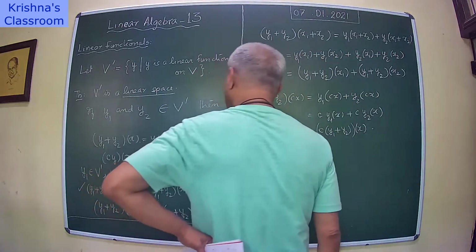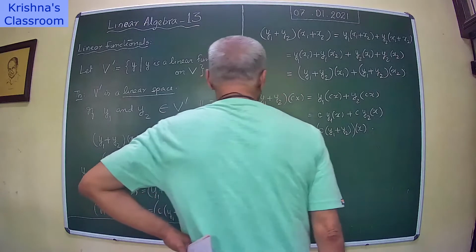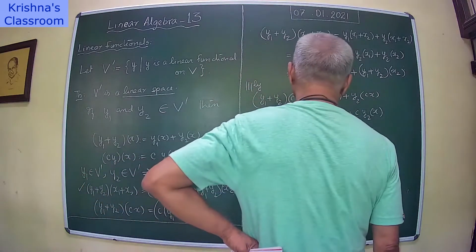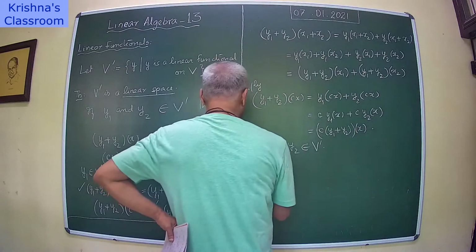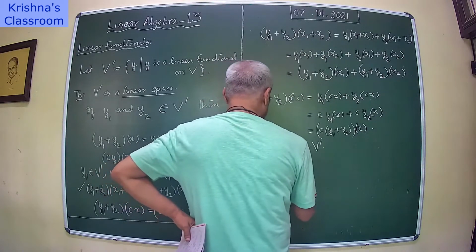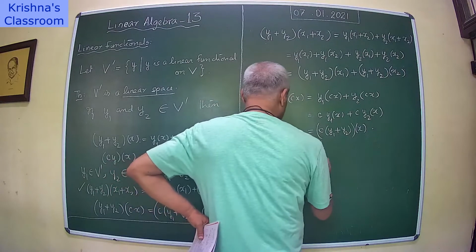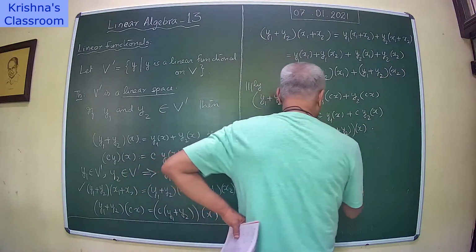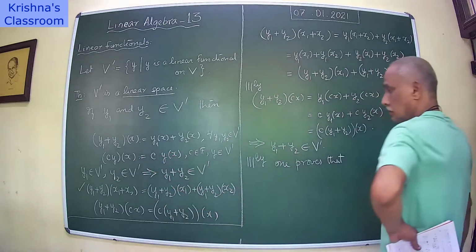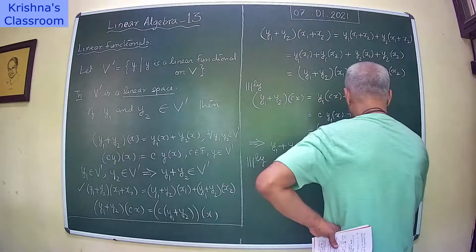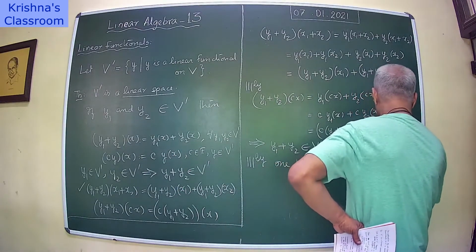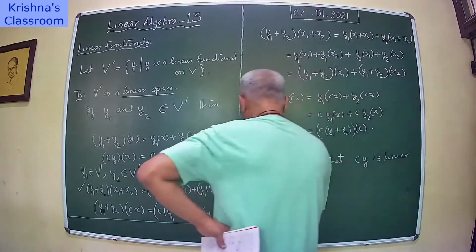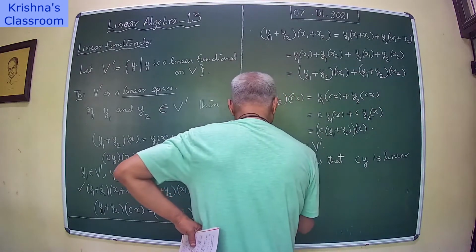Similarly, one proves that cy is linear, for c belonging to F.